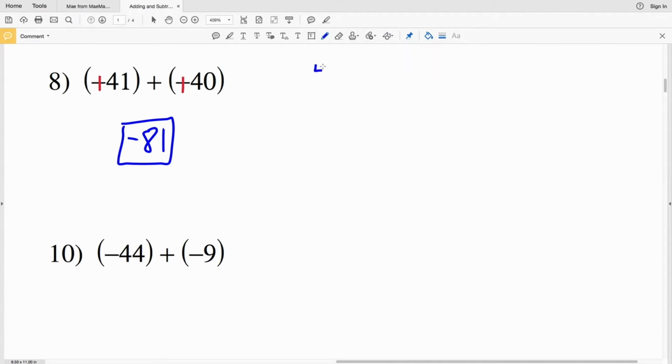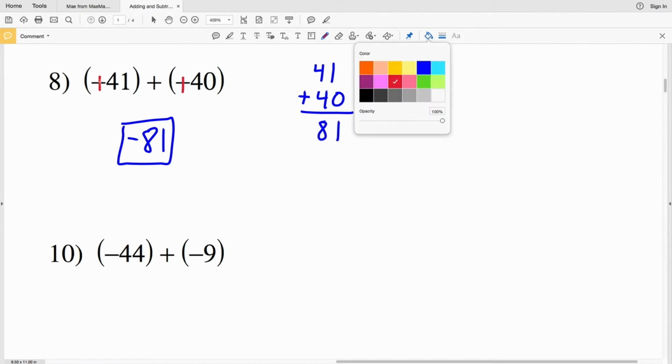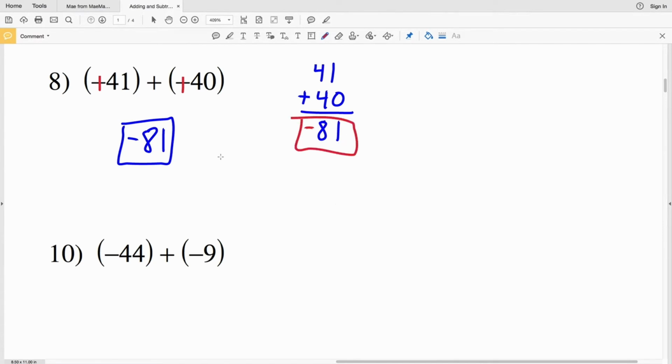So you're going to have 41 plus 40, which will give you a positive 81. But remember, since we switched the signs in the expression, we also have to switch the sign in the answer. So negative 81. And most of the time, I wind up using this method in my head, but always remembering to switch it back at the end.